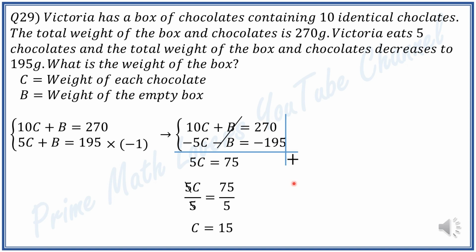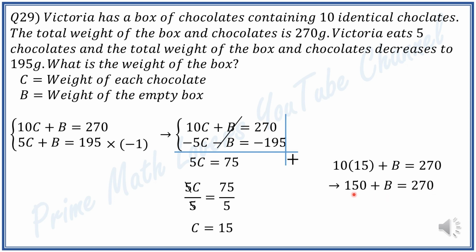Now we replace C with 15 into one of the original equations. Let's use the first one. So we get 10 times 15 plus B is equal to 270. 10 times 15 is 150, plus B is equal to 270.